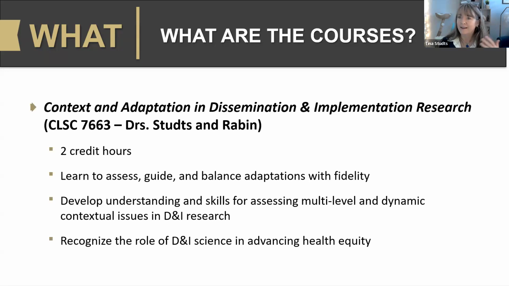But in D&I, we recognize that adaptation happens all the time, whether it's planned or unplanned. So this class gives you a really in-depth look at specific D&I frameworks that focus on context and assessing context, meaning barriers and facilitators at multiple levels, and figuring out what you need to do to adapt the context and the intervention or program itself to fit in different settings and be implementable.